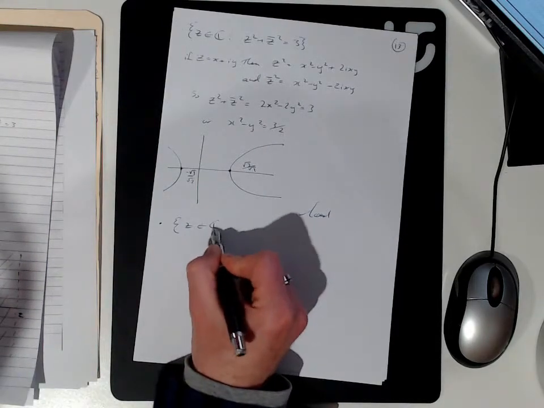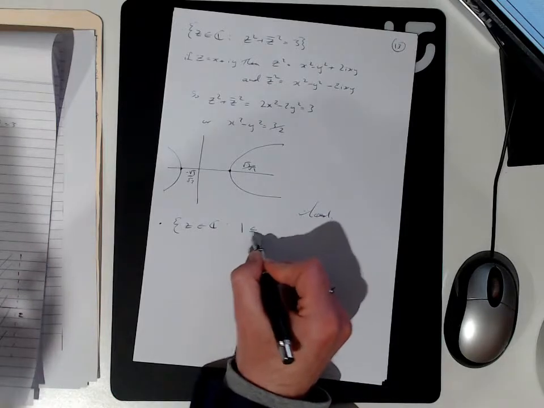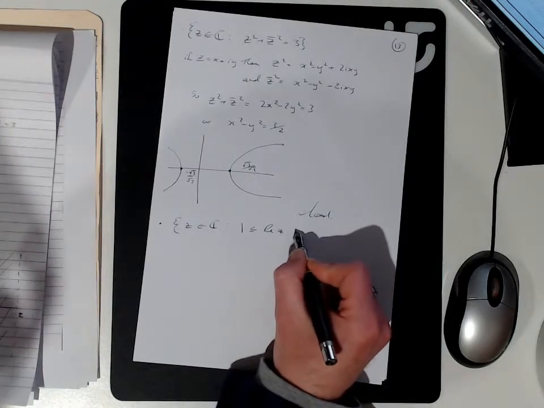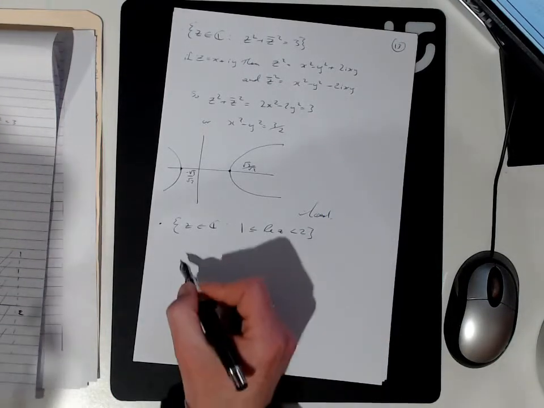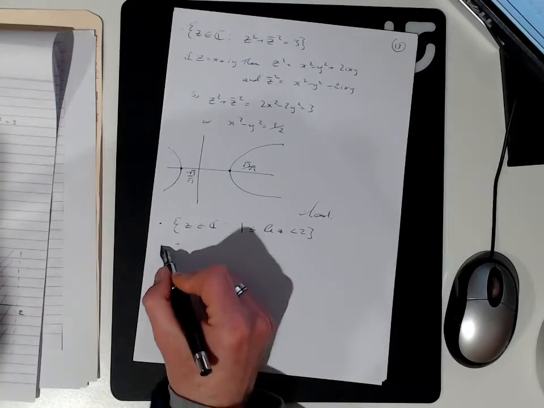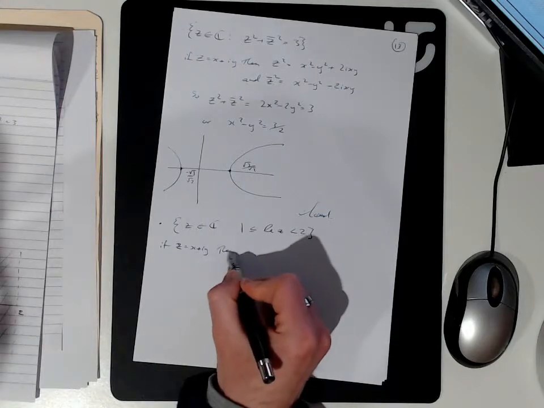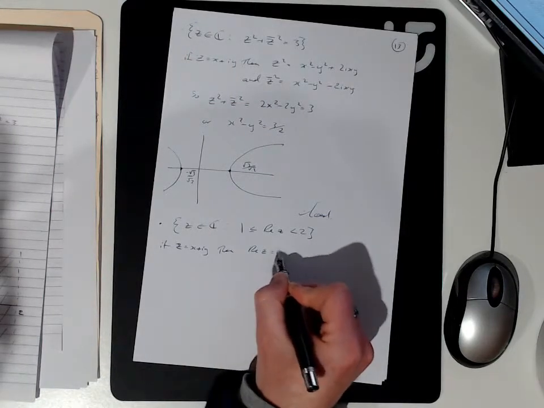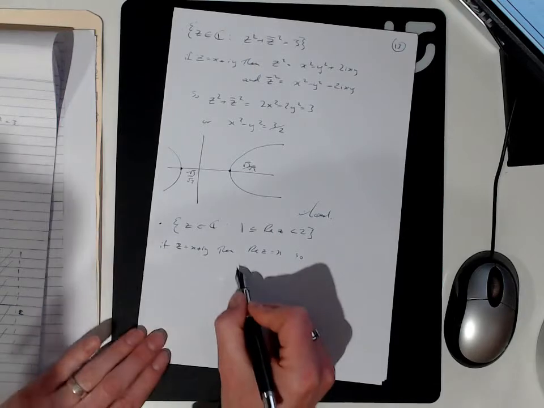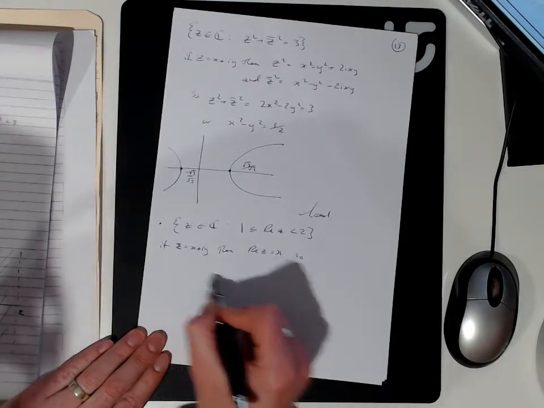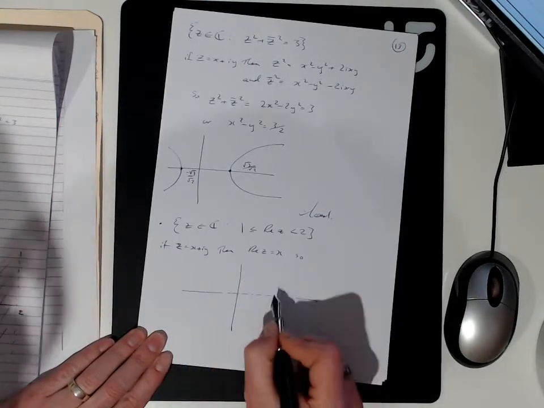z is an element of the complex numbers, 1 less than or equal to the real part of z, less than 2. So if z is equal to x plus iy, then the real part of z is equal to x. So what's the graph look like?